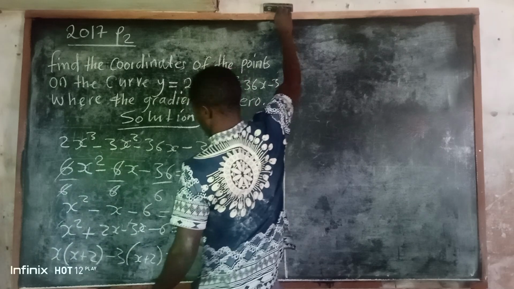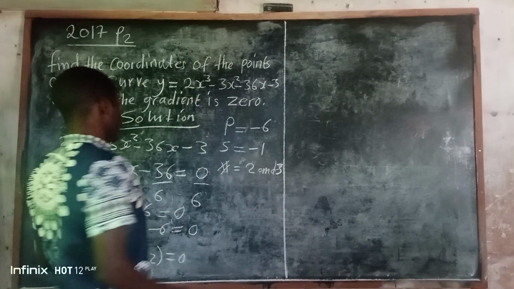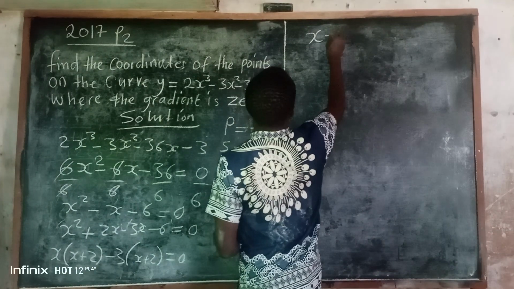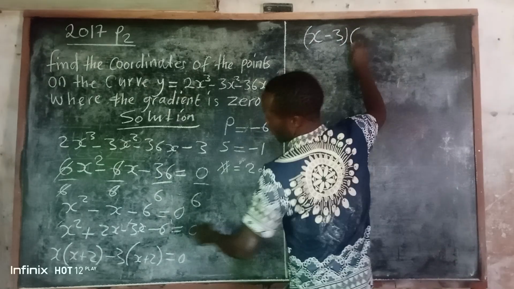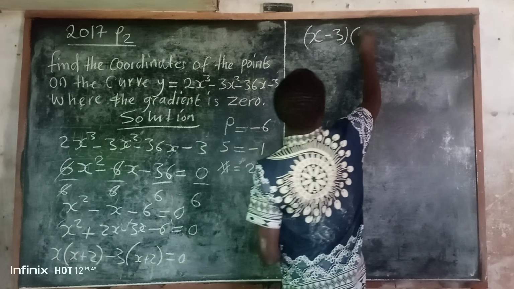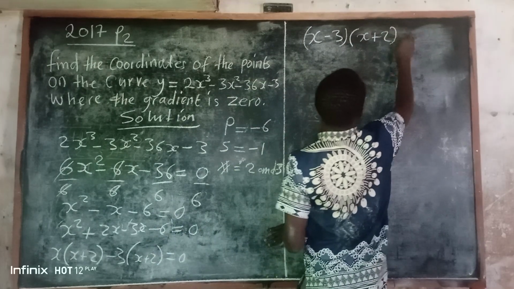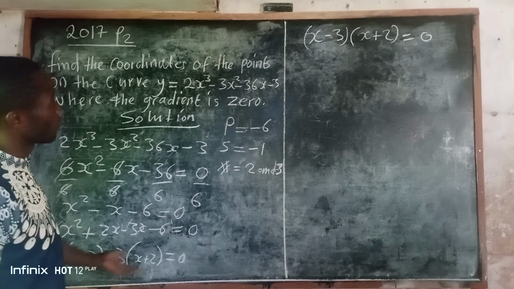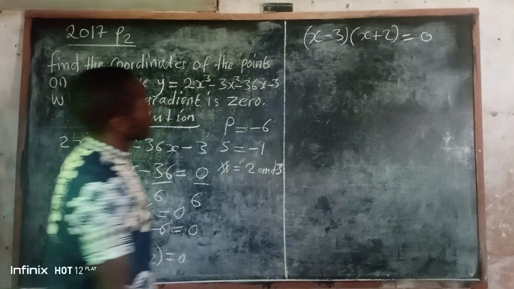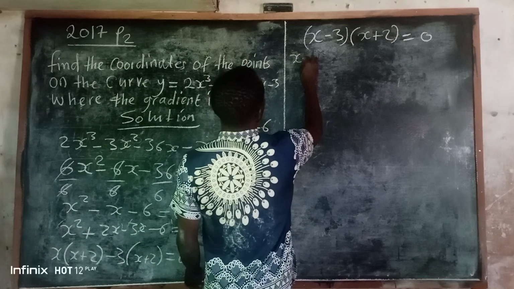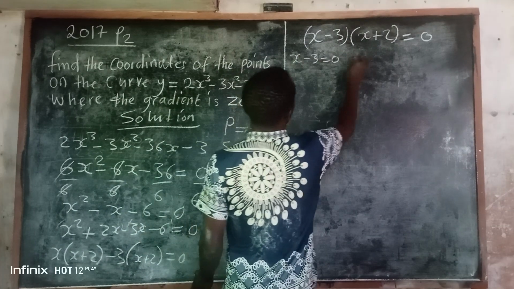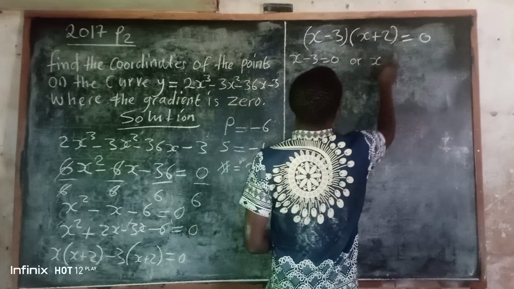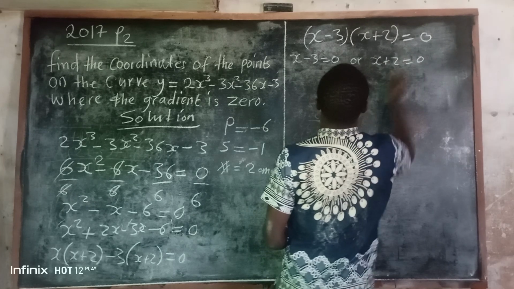So now here, we are going to group them. First of all, what is inside there? Then we have x plus 2 equals 0. For this one, since they are the same, we just have to pick one. So now from there, we are saying x minus 3 equals 0, or x plus 2 equals 0.